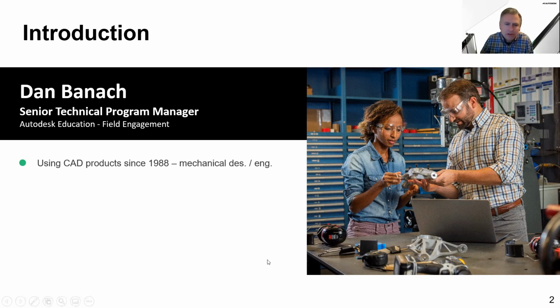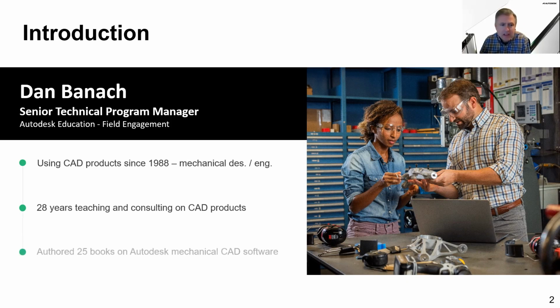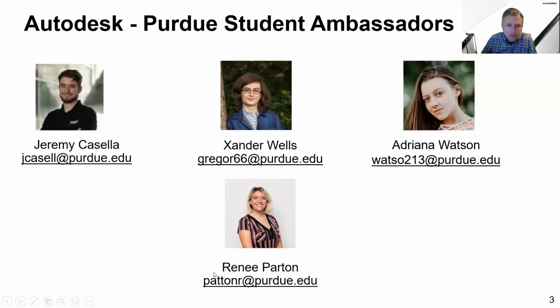My background is mechanical design engineering since the late 80s, 28 plus years now, training and consulting both in academia and in the commercial space. I'm also a published author. I have 25 books that I've written on Autodesk mechanical CAD software. So that's a little bit about me, but we have a good supporting cast as well.